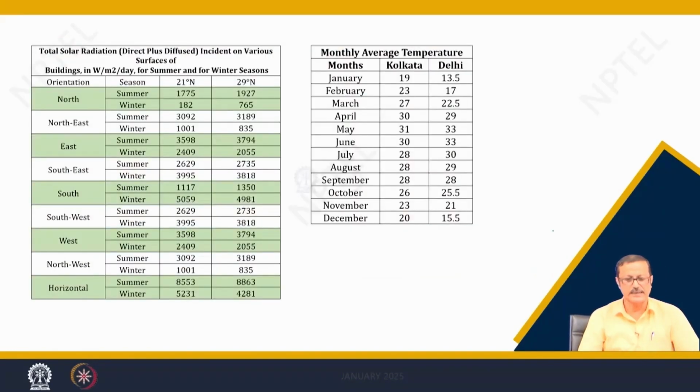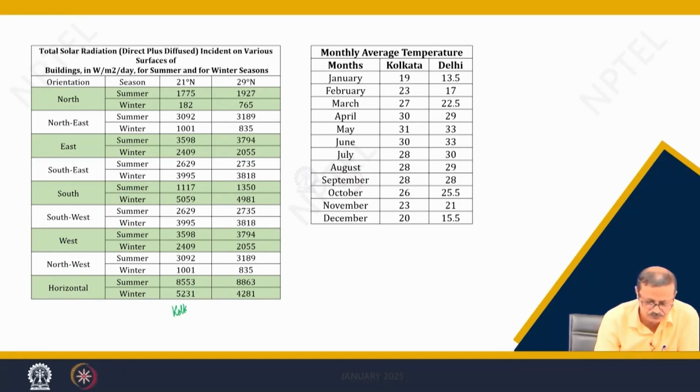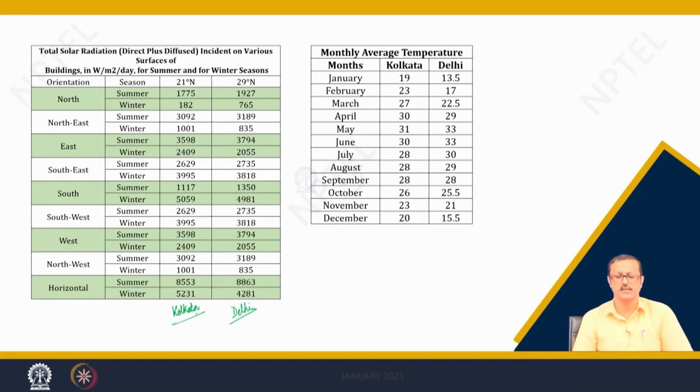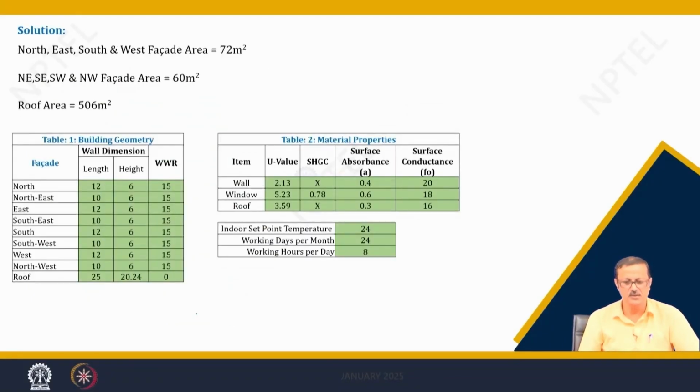So, these are the data I have taken. The first one, 21 degrees north, is for Kolkata, and this is for Delhi, and I have also taken the Kolkata and Delhi monthly average temperatures. So, I know the north facade data.